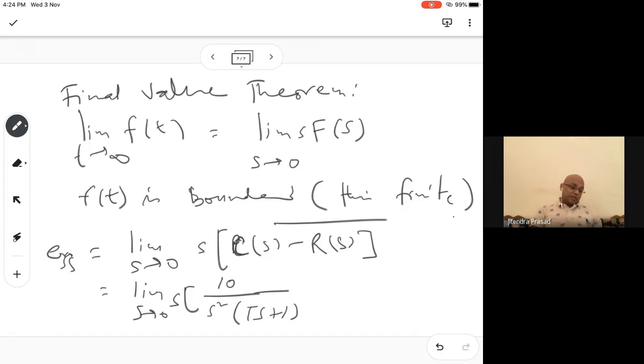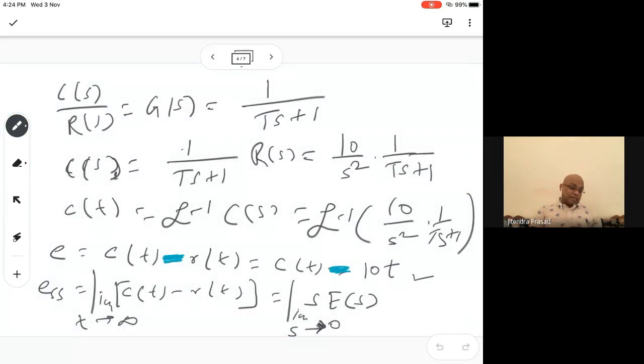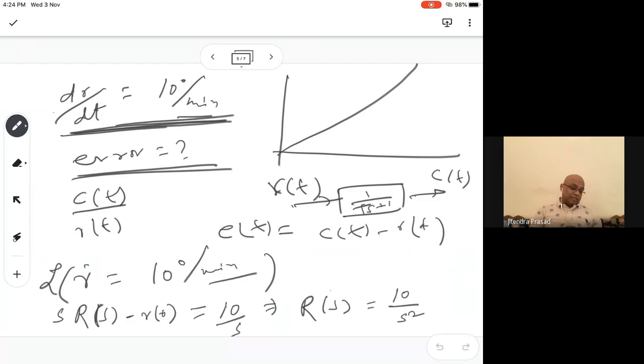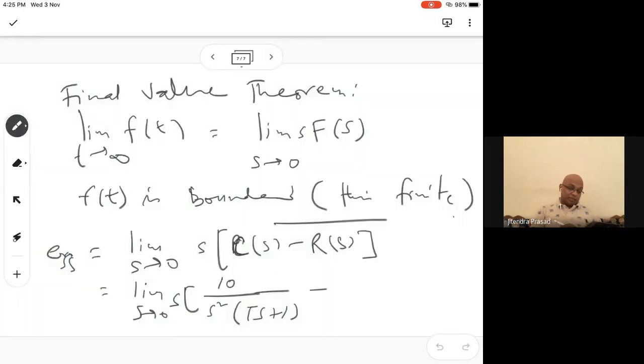And then we have R(s), which, from here, is 10 over s square.